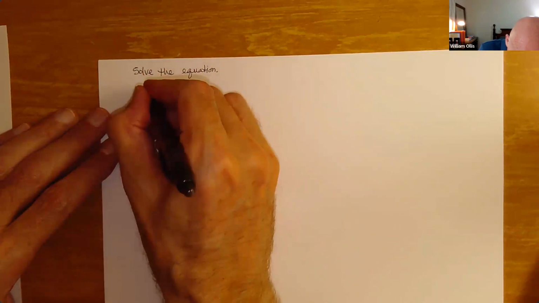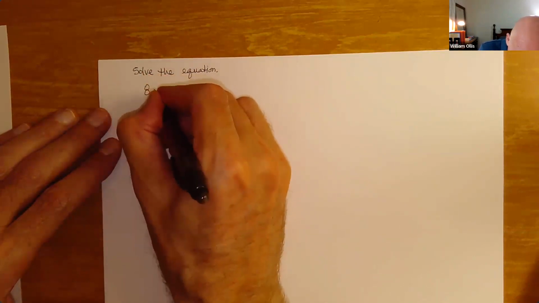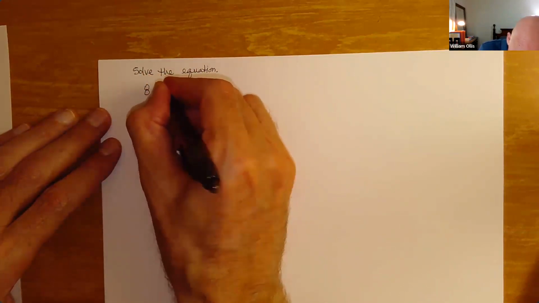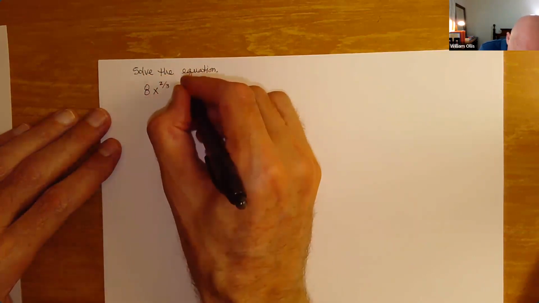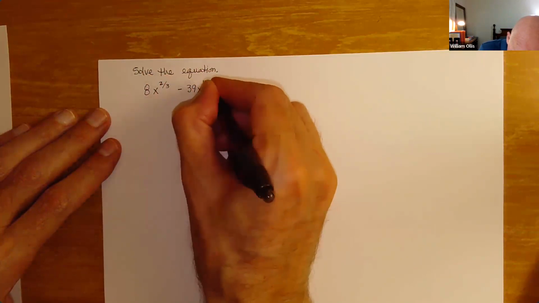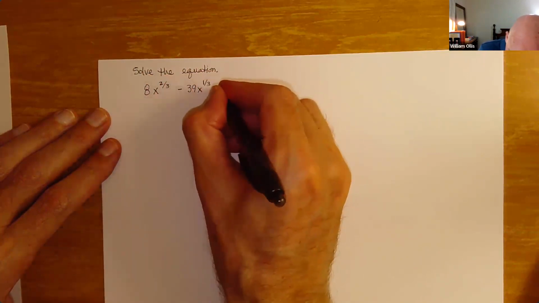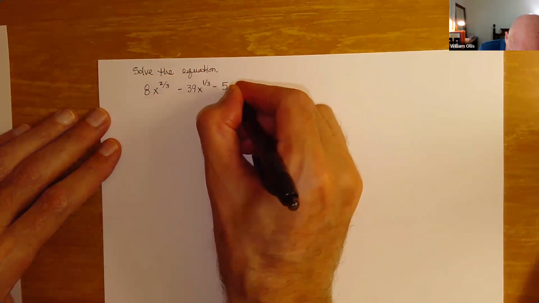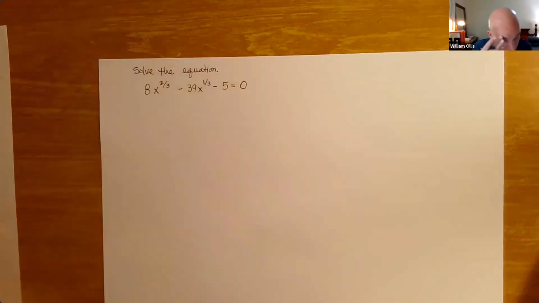Now we've got 8 times x to the 2/3. So here's where we get some practice with some fractional exponents, minus 39 x to the 1/3 minus 5.